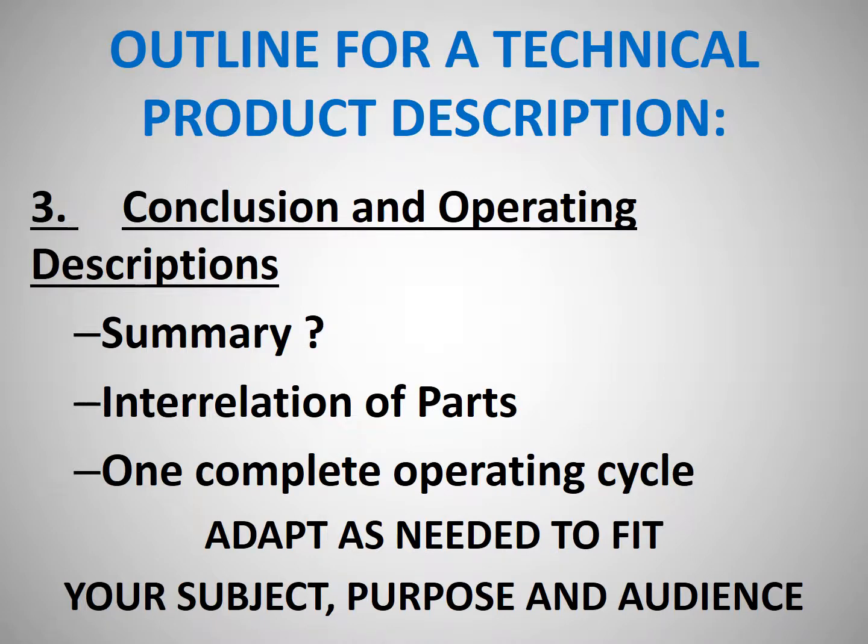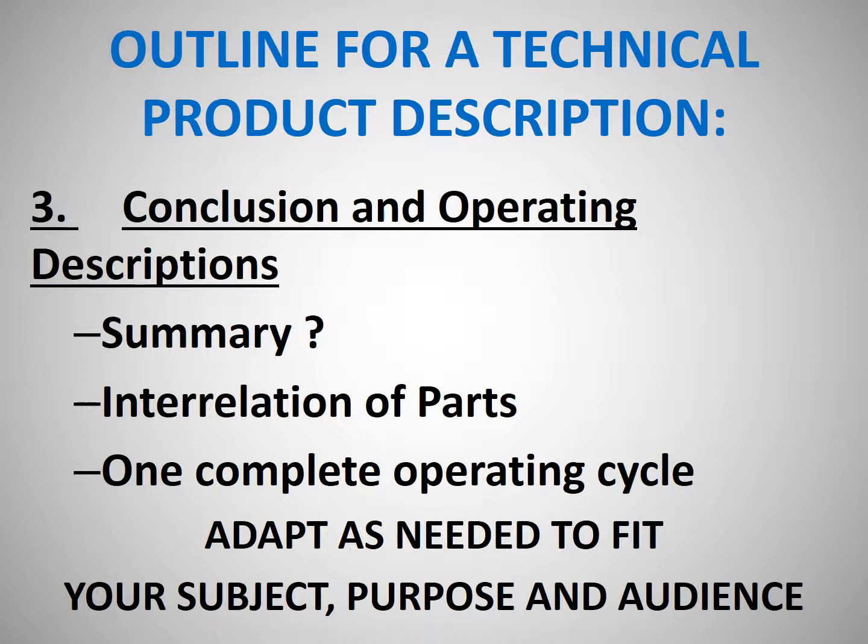Here's one full cycle of how it operates. And if you can describe one full cycle, then your reader has the understanding in general of how this thing works. So you want to, in your summary information, give one complete cycle of the operation of this thing you're describing. All right? And that's what we mean by operating description as part of the conclusion.